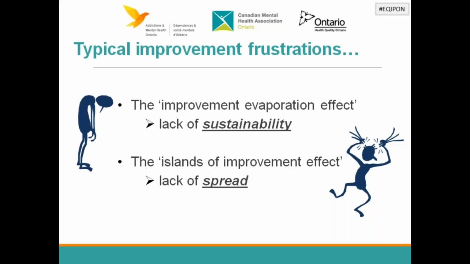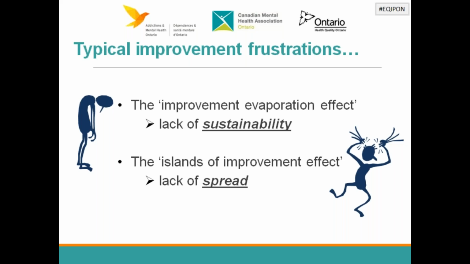Maybe the team leader or key person who was part of that improvement leaves the agency. Maybe something changes, or we just forget about it and assume that it's still going along tickety-boo, but sometimes it doesn't, and that speaks to the improvement evaporation effect.